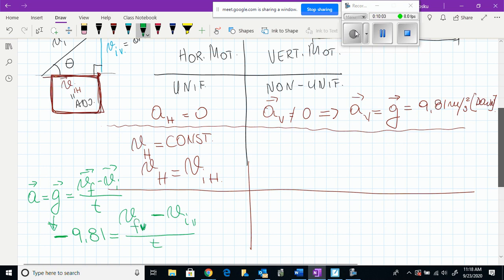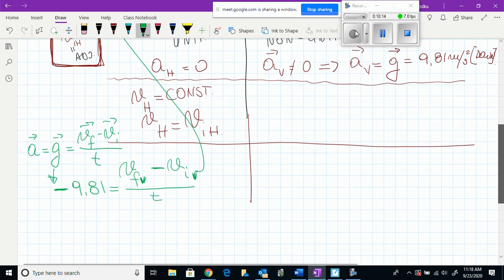Now, v initial in the vertical direction is this here, v_i times sine theta. So from here, we can say that v final in the vertical direction, or simply the velocity in the vertical direction, follows the relationship v initial vertical minus 9.81 t.